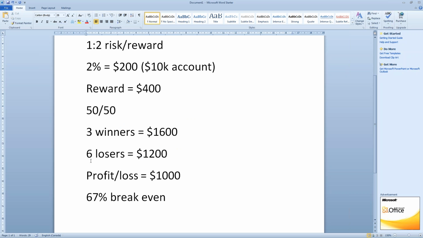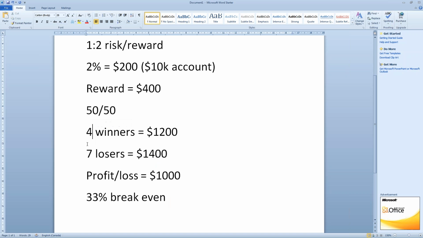Let's go with 3 winners, that's $1,200, and 7 losers is going to be $1,400. So what you're actually finding is that we're back at the inverse of the 67%. We're going to be at a 33% break even.